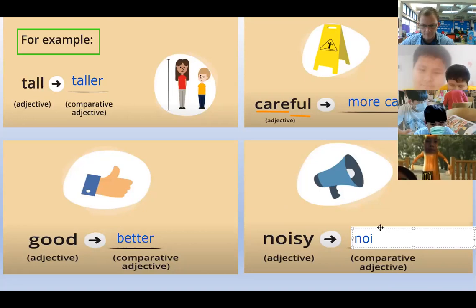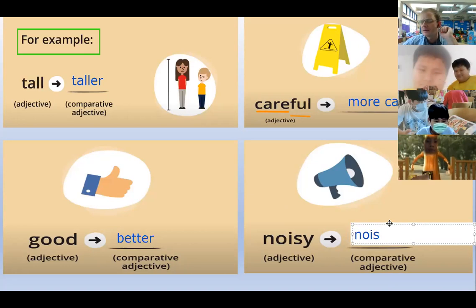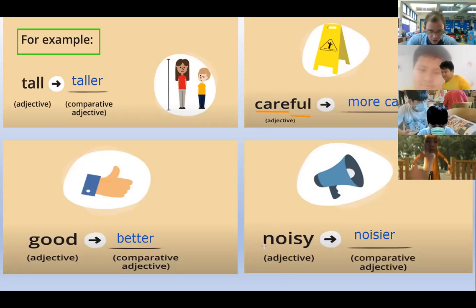N-O-I-S-I-E-R. Noisier. Yes, that is 100% correct. Why? Because noisy has two syllables. Let's look at the syllables. Noisy. And because it ends on a Y, we change the Y to an I and we add ER.